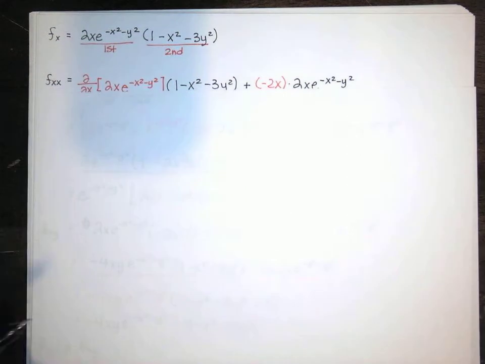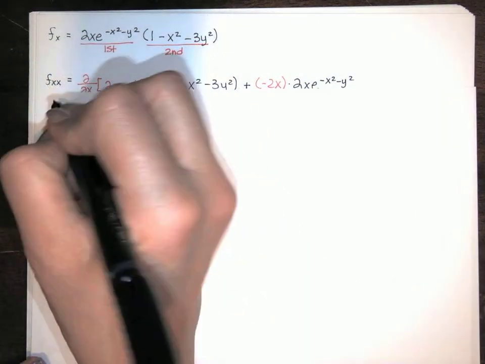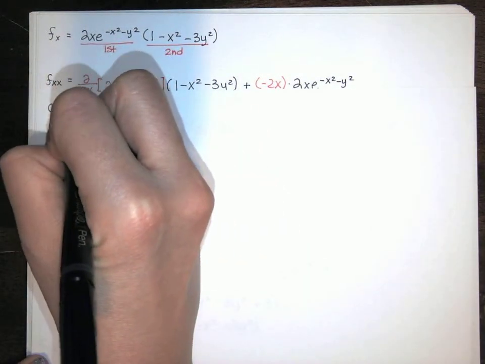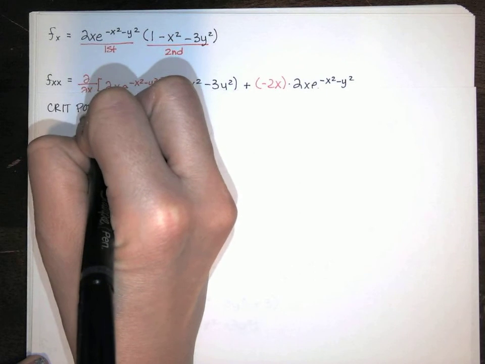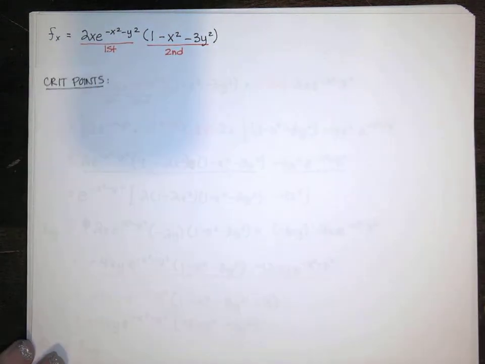So here are my critical points, I'll just write them down. Our critical points were (0, 0), (0, 1), (0, negative 1), (1, 0), and (negative 1, 0).